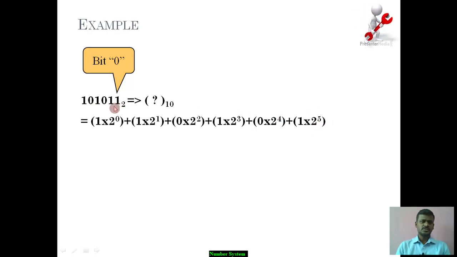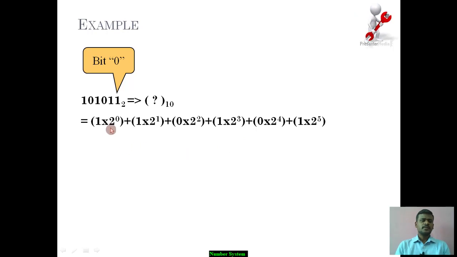This means 2 raised to 0, 2 raised to 1, 2 raised to 2, 2 raised to 3, 2 raised to 4, 2 raised to 5. So we have written an equation like this. This writing of equation we have already seen in the representation of binary numbers.